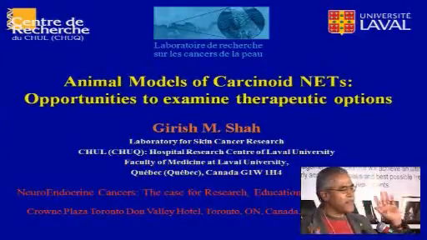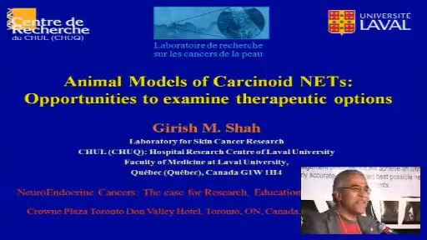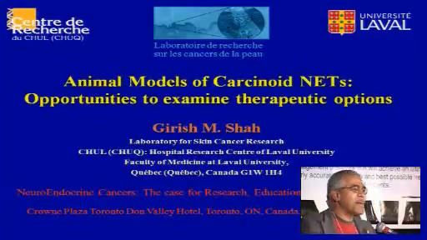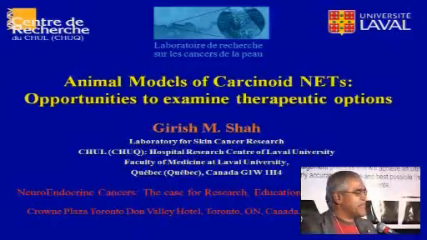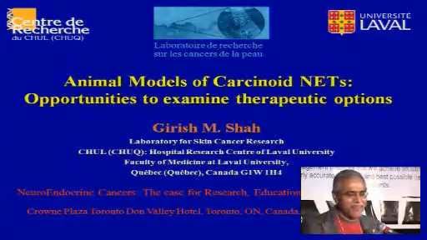So this turned out to be a switch, as if you would like to say. I was working with niacin deficient mice and skin cancer, and I landed up meeting Dr. Warner's team in Washington, and they led me to this completely fascinating field of NET research.